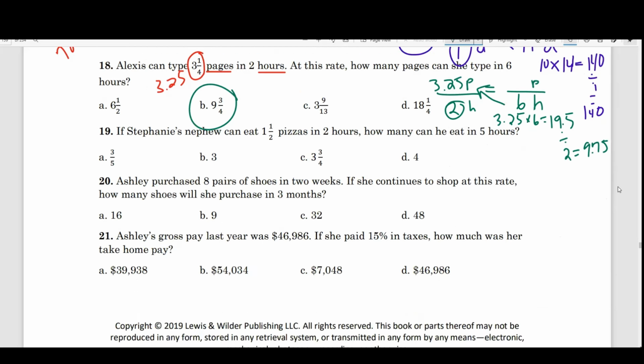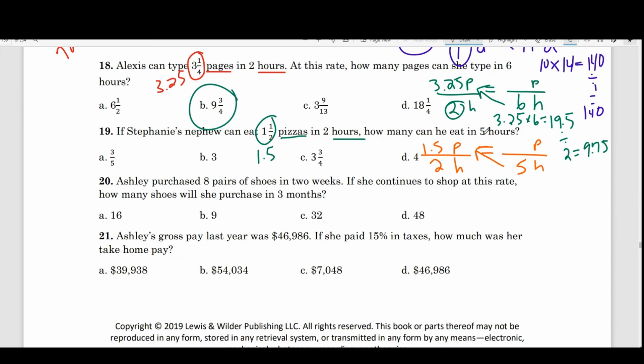All right, number 19 says, if Stephanie's nephew can eat 1.5 pizzas in 2 hours, how many can he eat in 5 hours? So same idea, we're talking about pizzas and hours. Because we have a mixed number here, we're going to change it to a decimal, 1.5. We set up our proportions, P for pizza and H for hours: 1.5 and 2, ? and 5.